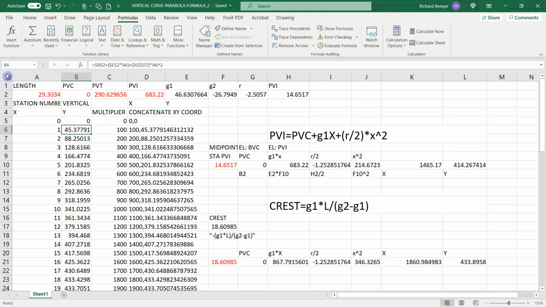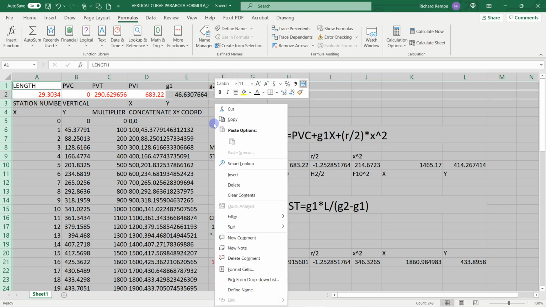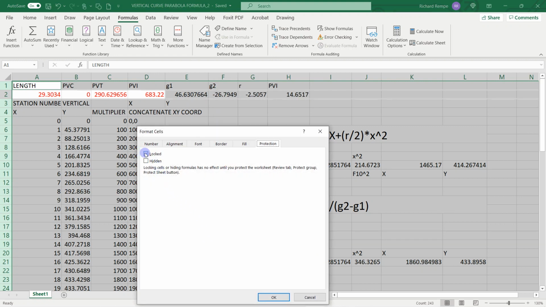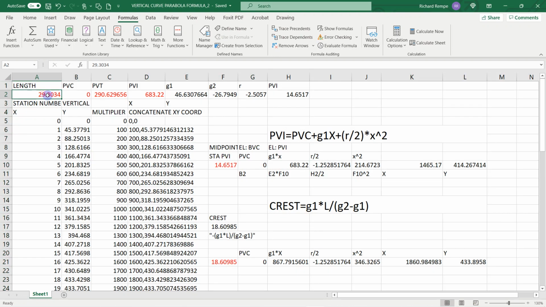And just so you know, the way I did this is you select everything by clicking that corner, and then hold Control and click this one, this one, this one, and this one, and then right click in the gray, go to Format Cells, and then click on Lock, then say OK. And then these, I did it already, but I'm showing you how. You click on those four that you want to be using as your variables that you can insert.